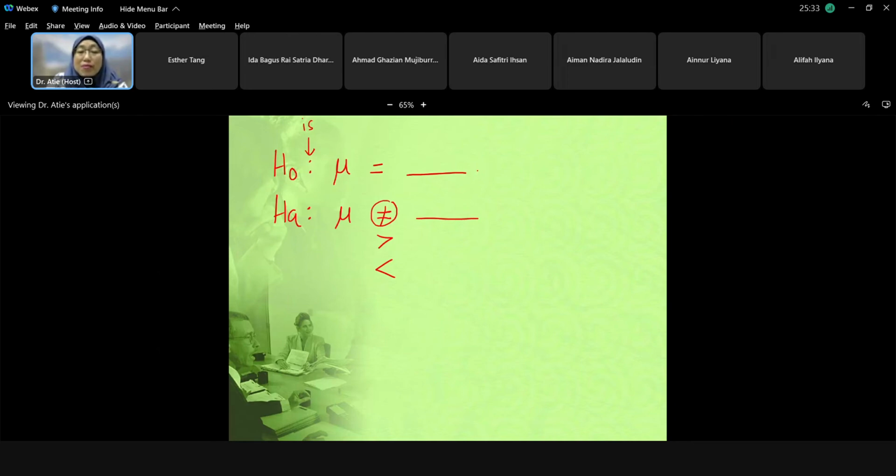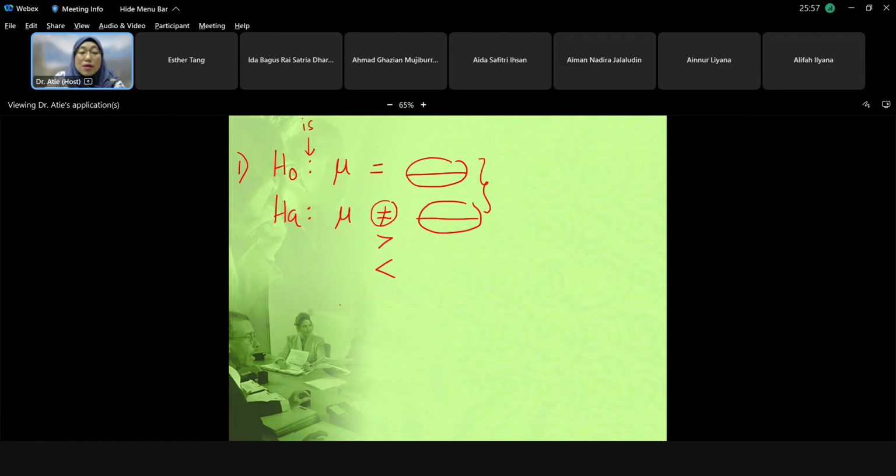This part here should be the same, because we are testing something similar, but the difference is only the symbols used here. So that is the first concept you need to understand: how to write your hypothesis.